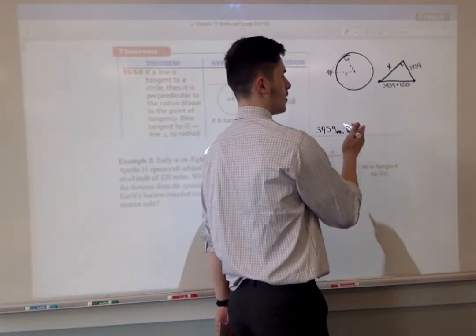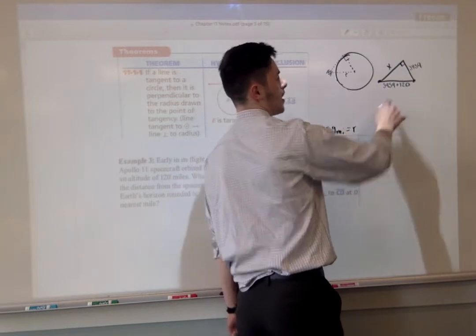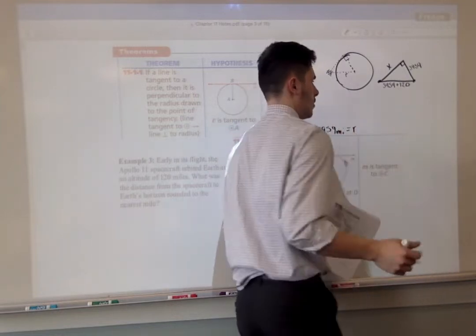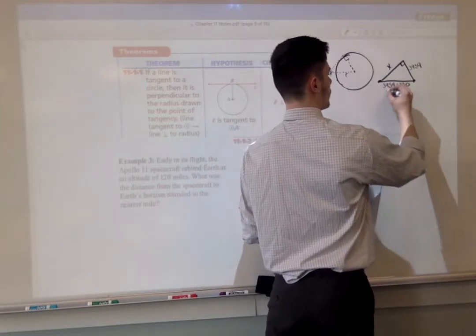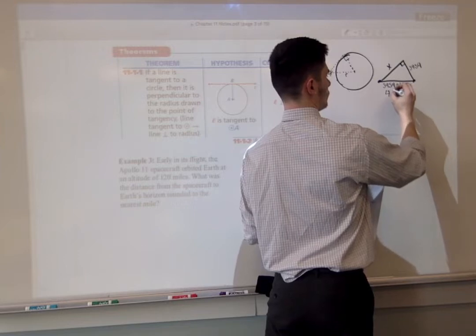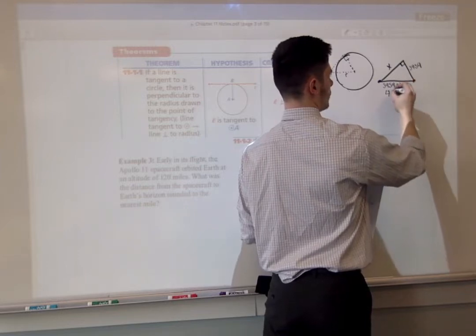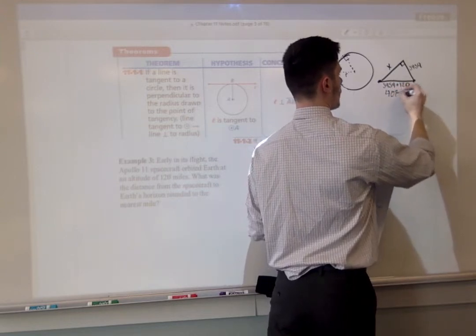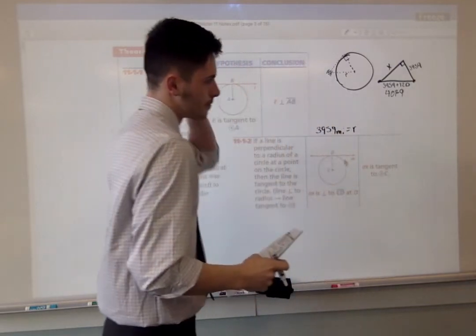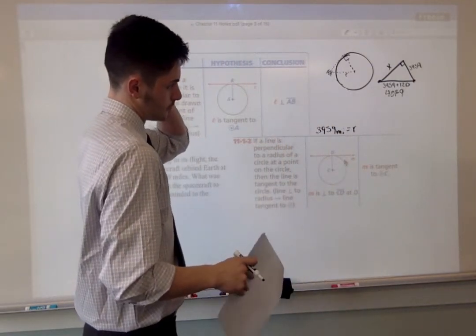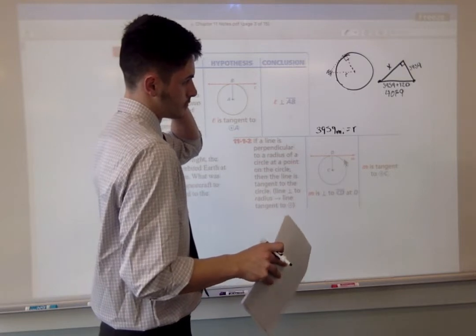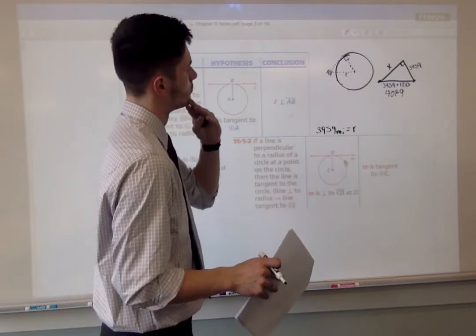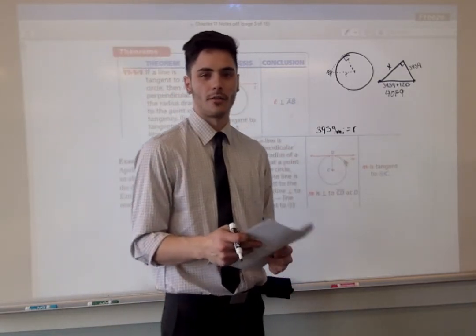So we know that, first of all, we'll do this. 3,959 plus 120 is equal to 4,079, I think. Yeah, okay. Sorry for that dramatic pause.